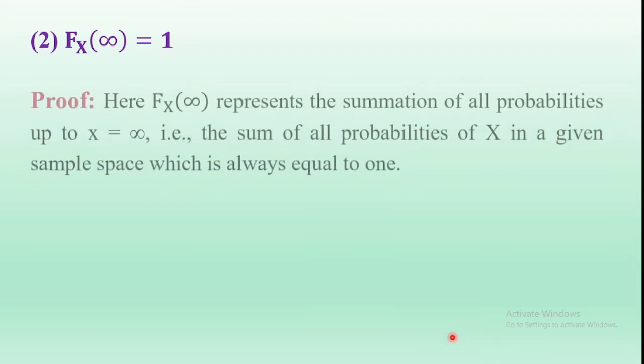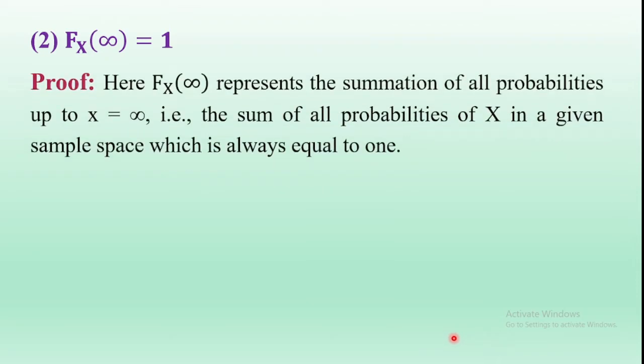The second property: F_X(+∞) = 1. Here F_X(+∞) represents the summation of all probabilities up to x equal to plus infinity. That is the sum of all the probabilities of the random variable X in a given sample space, which is always equal to 1.